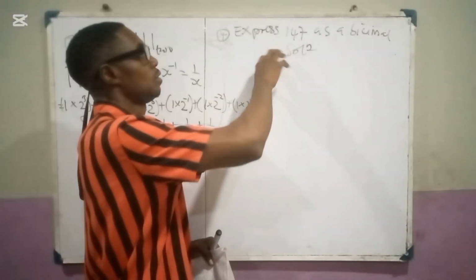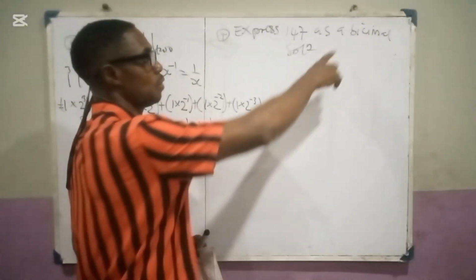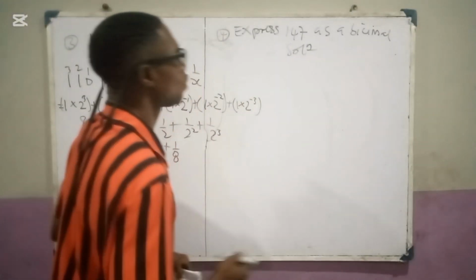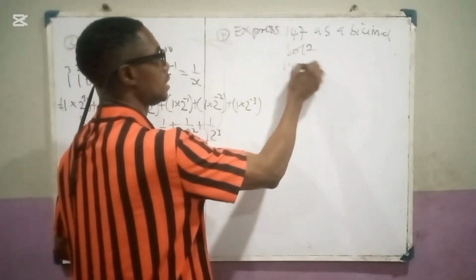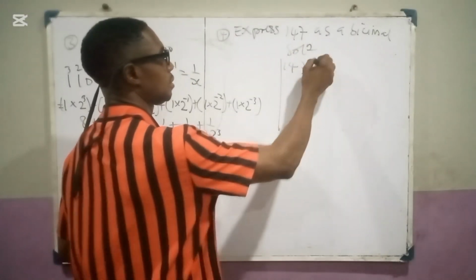Express 147 as a binary number. When you hear bi, it means you're converting to base 2. So this is already in base 10. Alright.